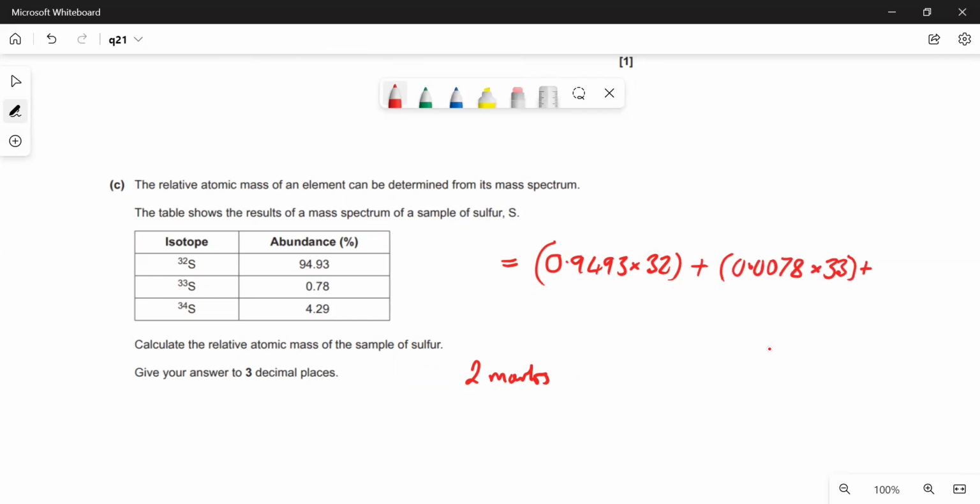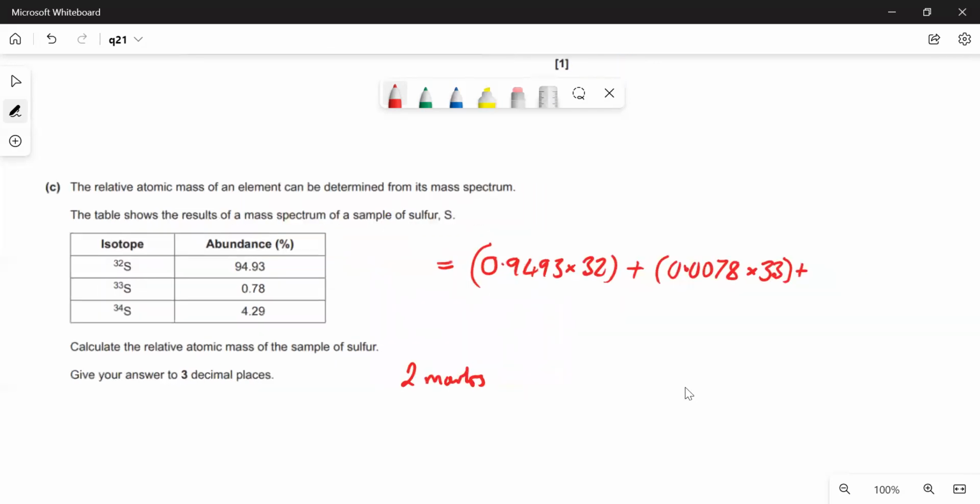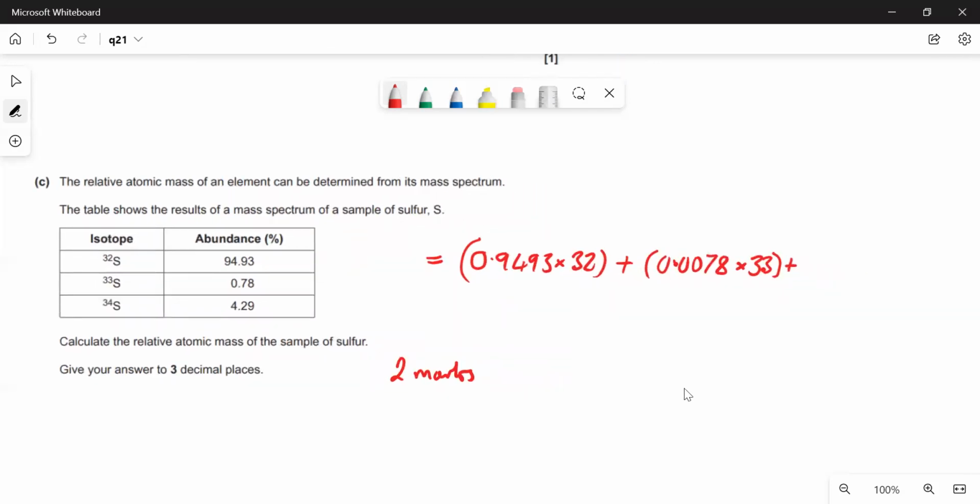And then finally, we have got the abundance of the 34S. So that's going to be 4.29 divided by 100, so it's going to be 0.0429, multiplied by 34.